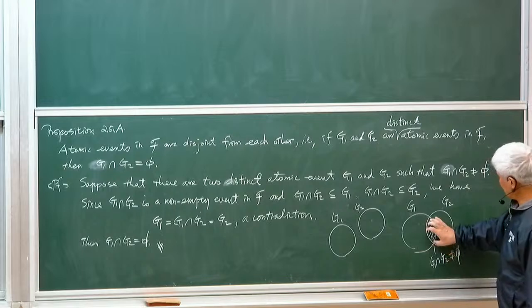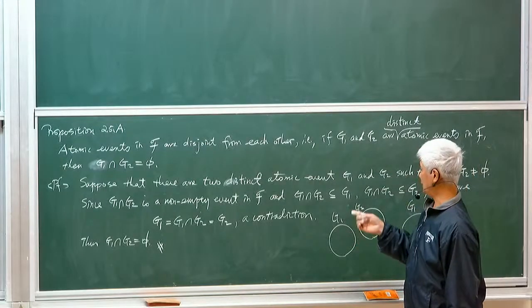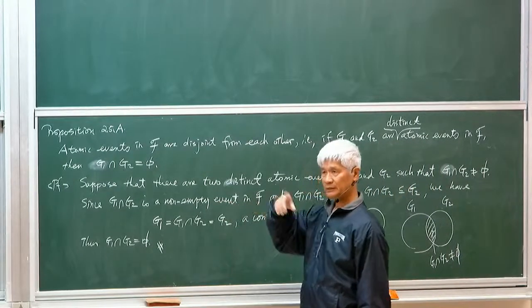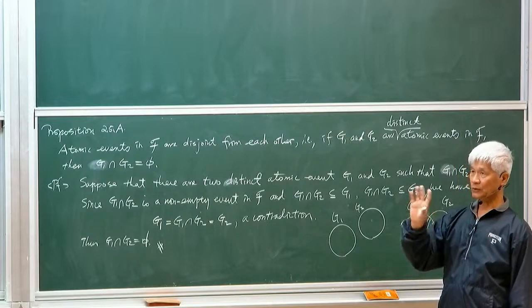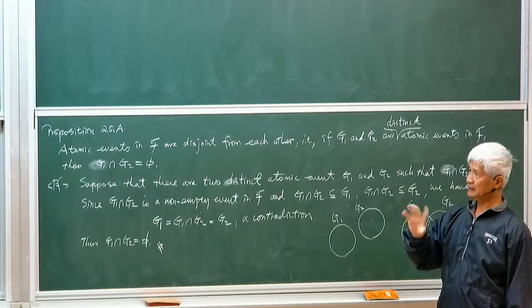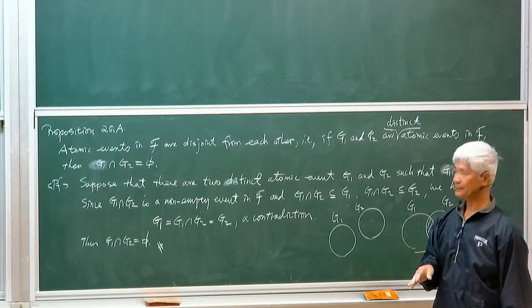Because F is a sigma algebra, the intersection should also be in F, right? We can do countable intersection, countable union, complement, whenever you do it.